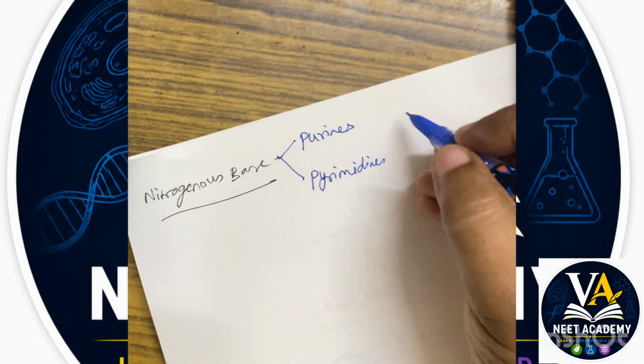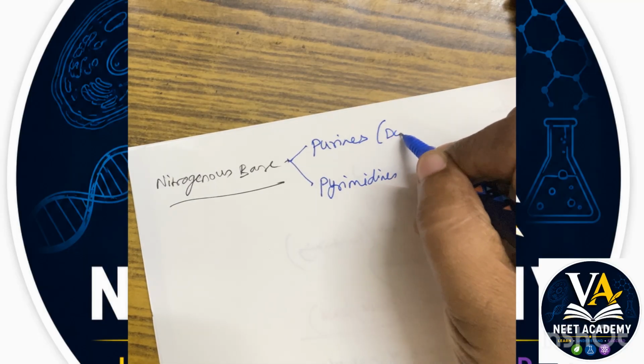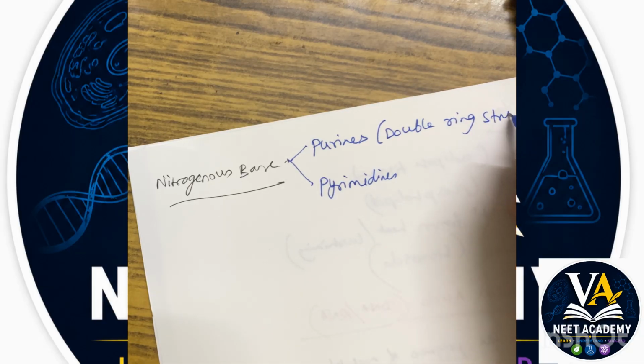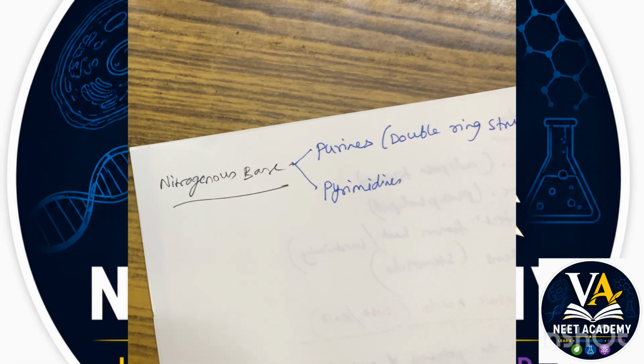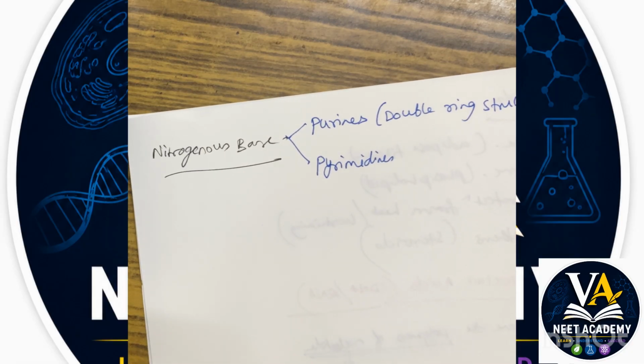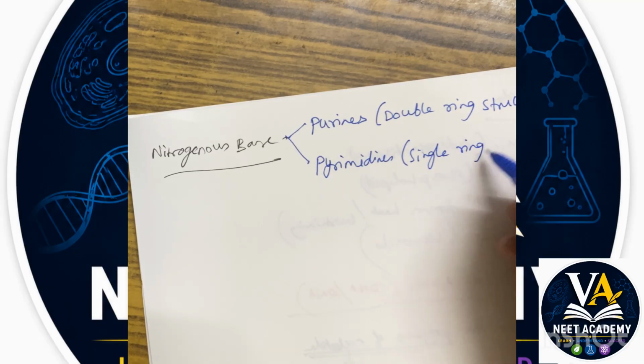Purines and pyrimidines. Purine is a double ring structure, and pyrimidine is a single ring structure.